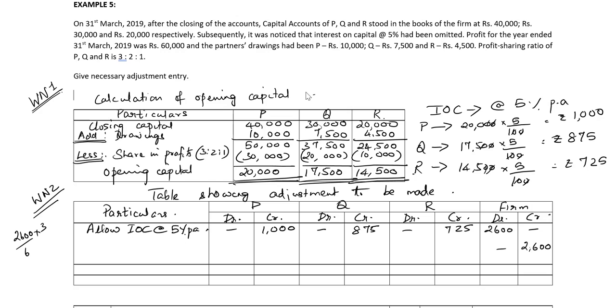We get 1,300 for P. We need to debit the partner because the balancing figure for the firm is coming on the credit side. For Q, it is 2,600 divided by 3, 867 rupees.